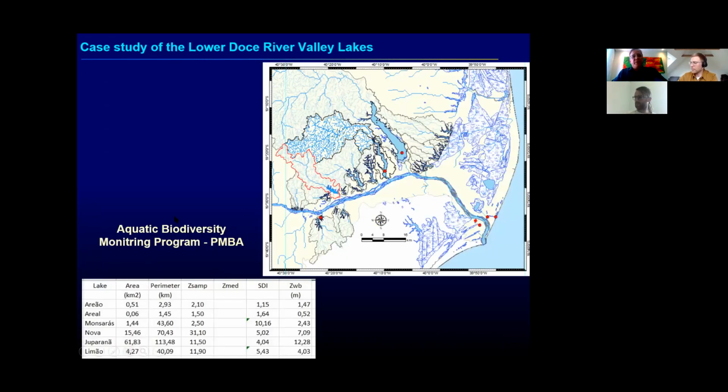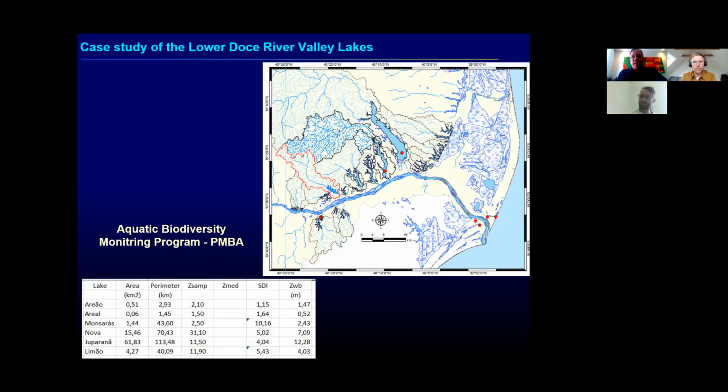In this area, we have been taking part in a monitoring program for aquatic biodiversity, looking at the environmental impacts of the iron ore slurry that came all the way towards the ocean.